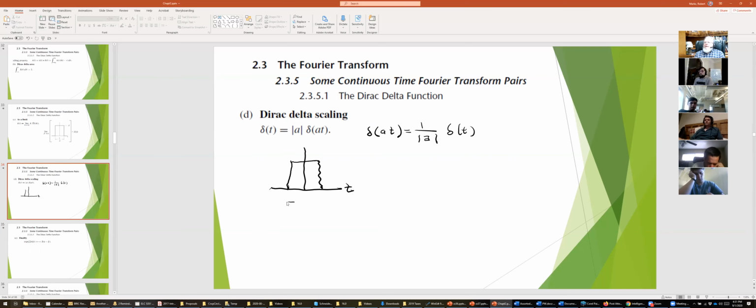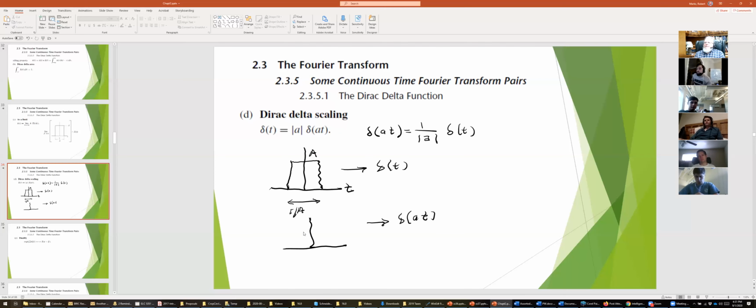Before, we had a width of 1 over A and a height of A, and this went to a delta function, right? What would be something that goes to delta of at?